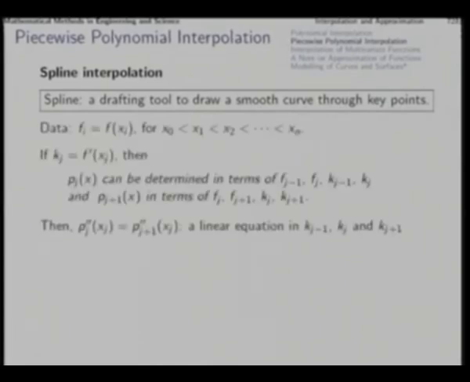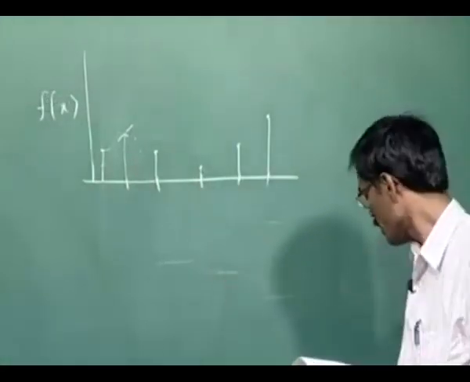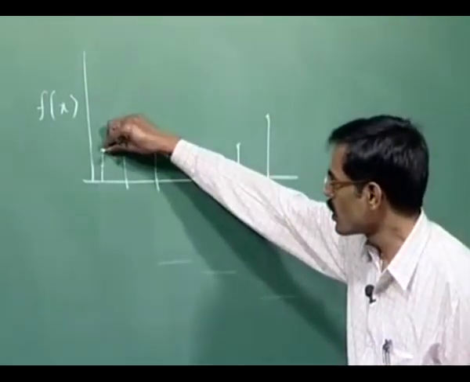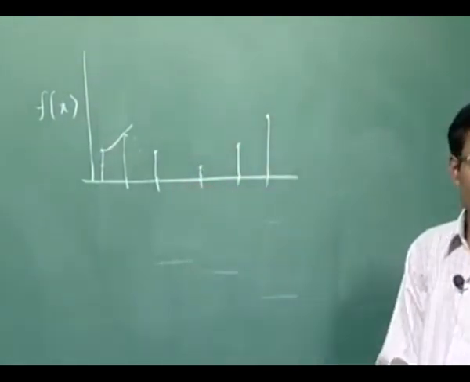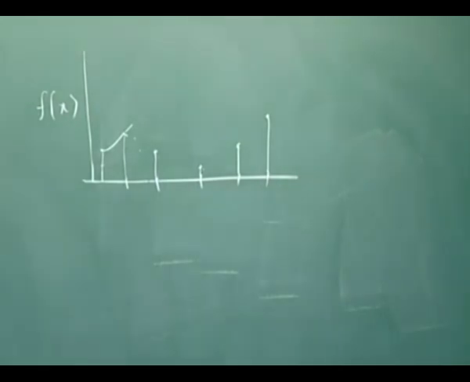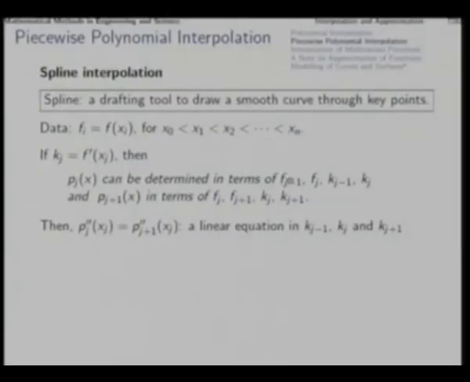How do we do this? Say there are n plus 1 points at which the data values are given. Now if the derivative values at the junction points are kj, unknown to us currently, then pj, the jth segment, say let us take j equal to 0, that means the first segment, can be determined in terms of f(j-1), f(j), k(j-1), k(j).